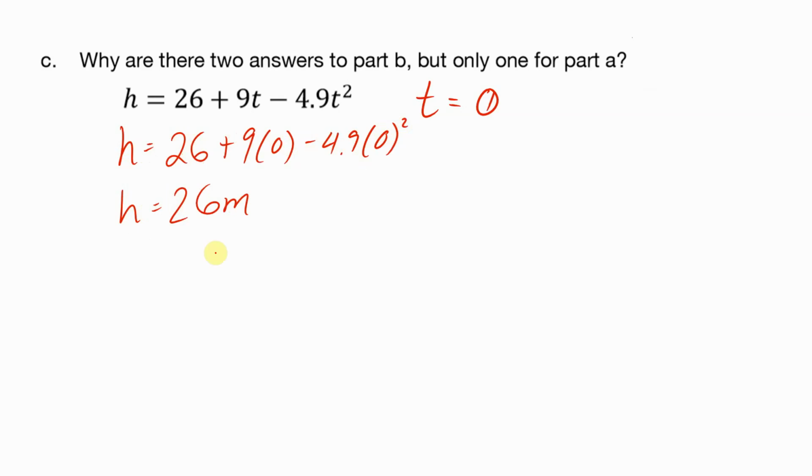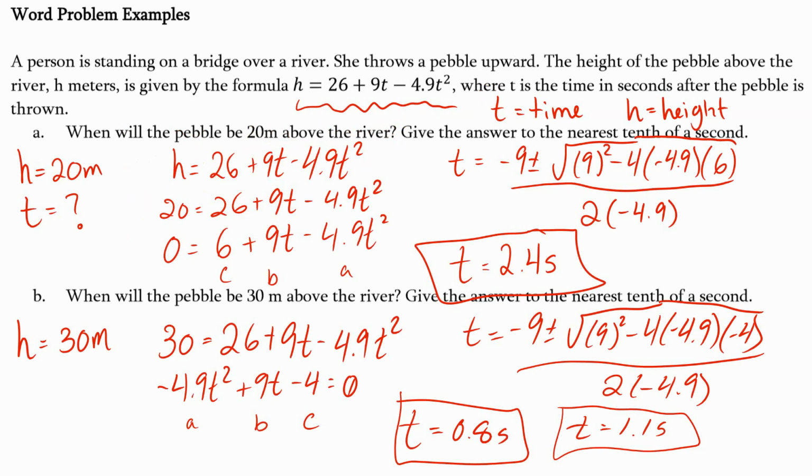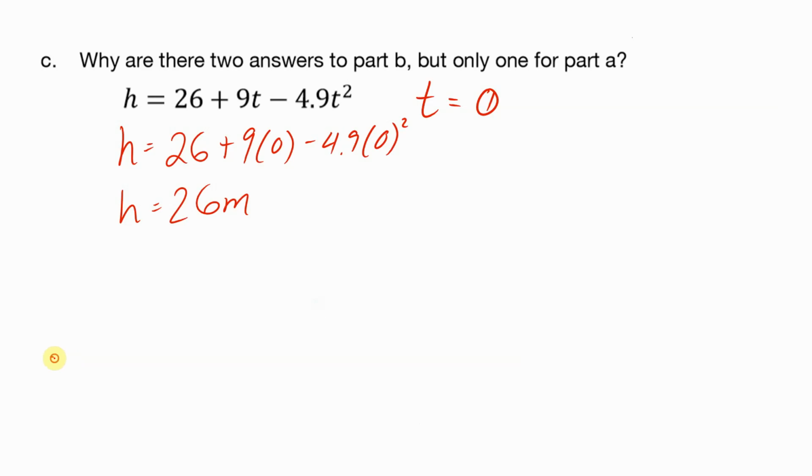So it's already starting at 26 meters. So in part A, when the question says, when will the pebble be 20 meters above the river, the time you're looking at is actually the time on the way down, because it's starting at 26 meters. So there'll be 2 times for 30 meters and only 1 time for 20 meters.